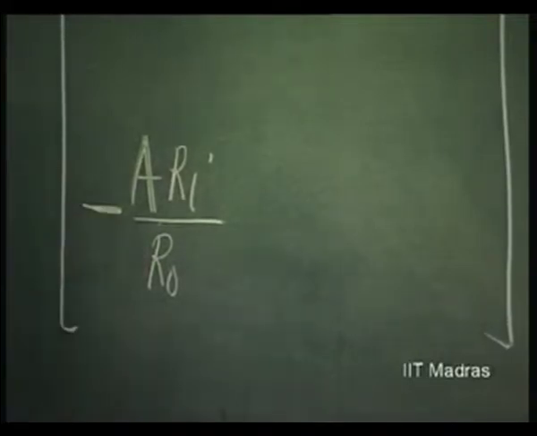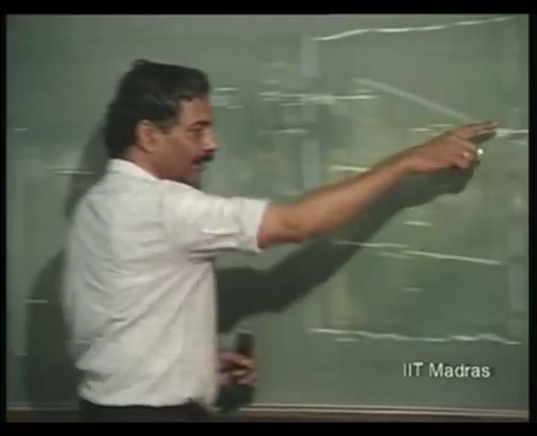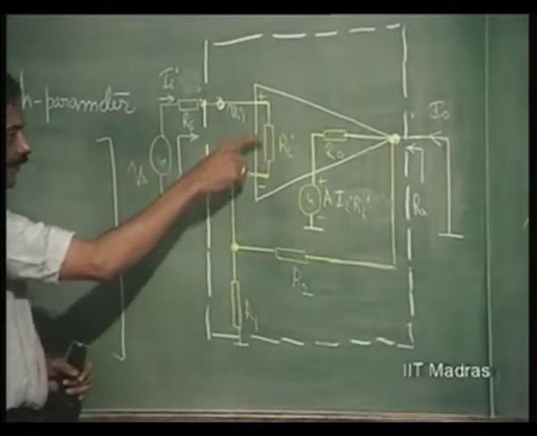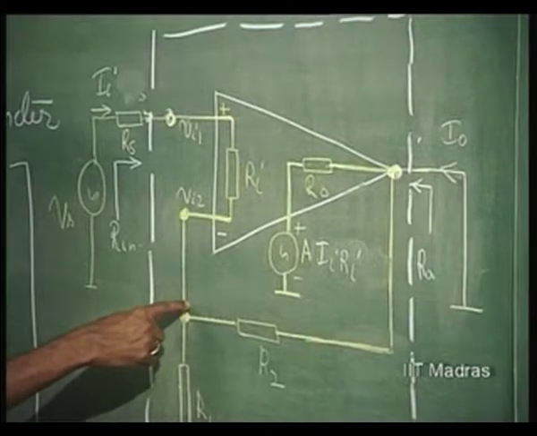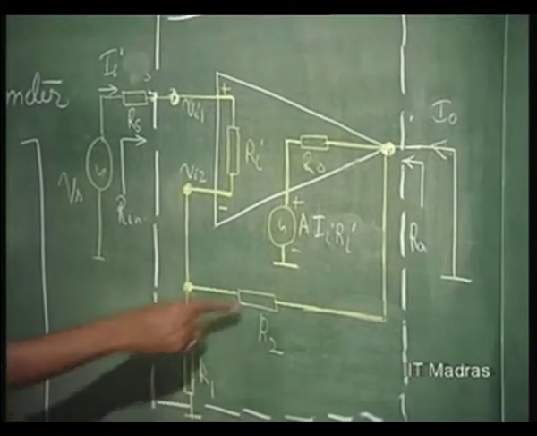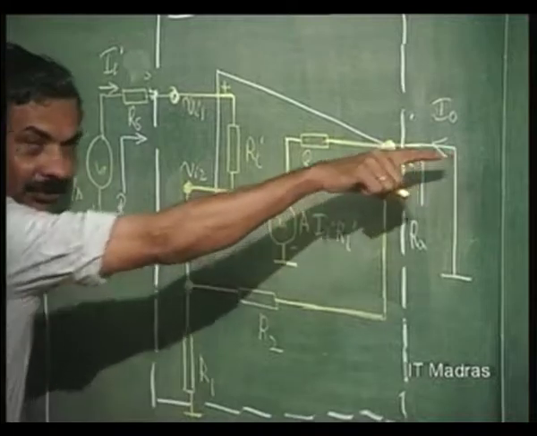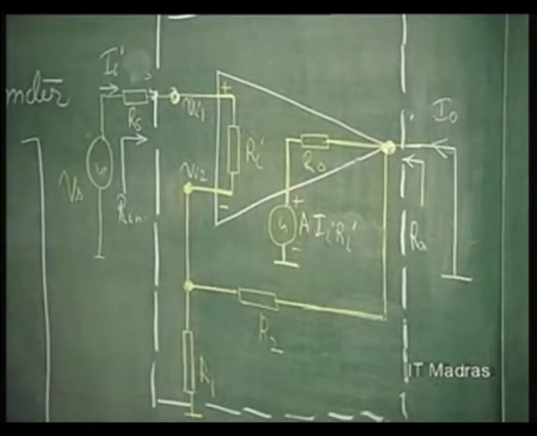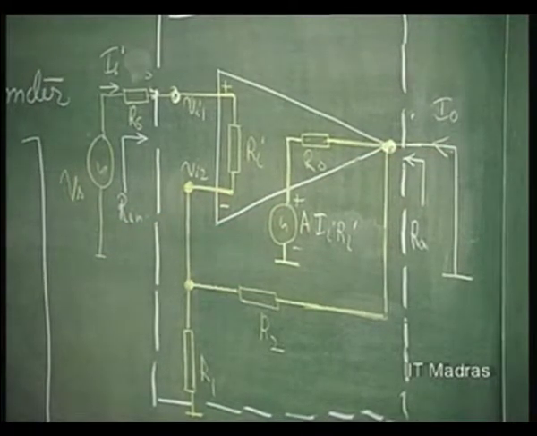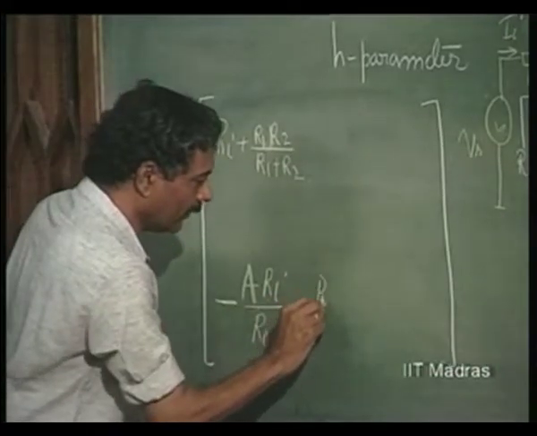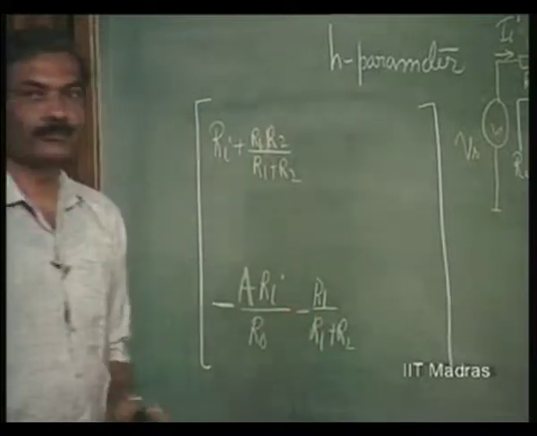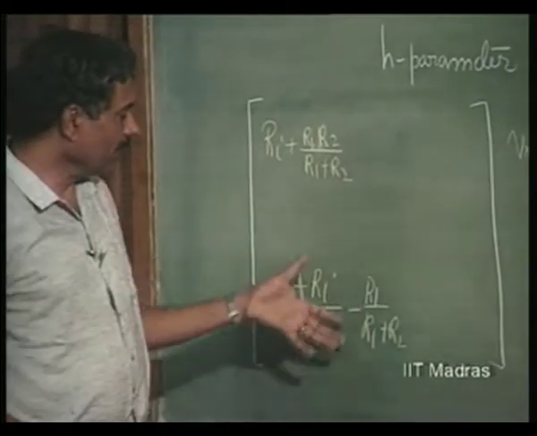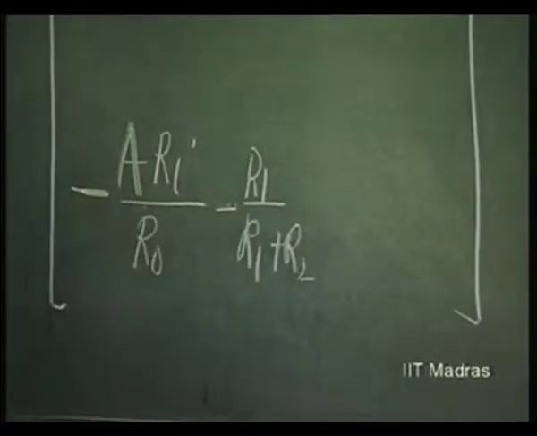This is not the only current. I naught has this current as well as, as you can see, this input current comes like this, and a portion of the input current, what portion? R1 by R1 plus R2 of the input current is also going out. That means minus R1 by R1 plus R2, divided by Ii. So that is the current gain.